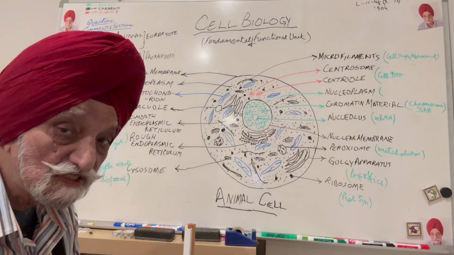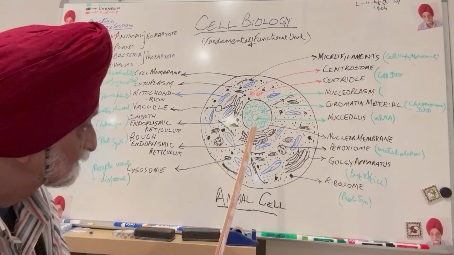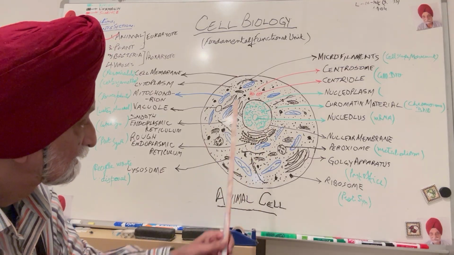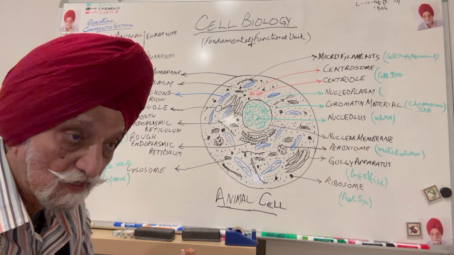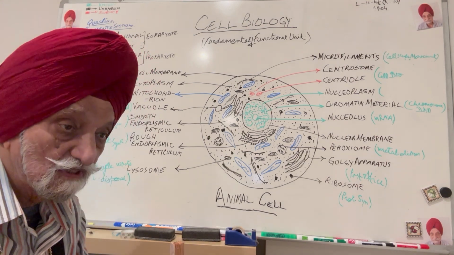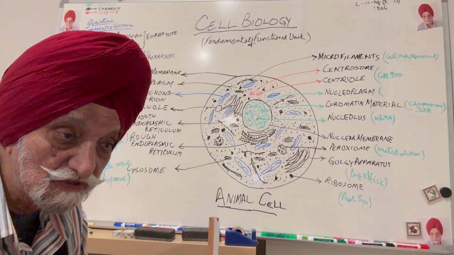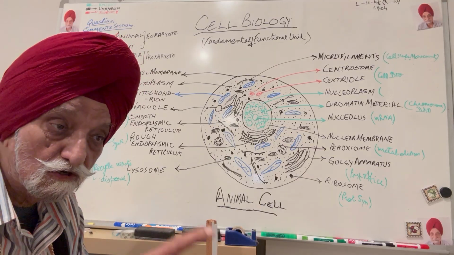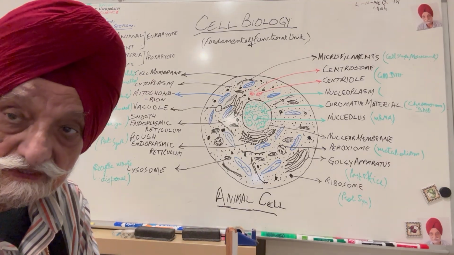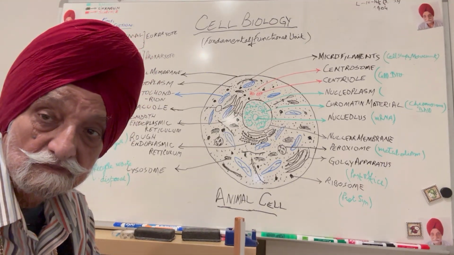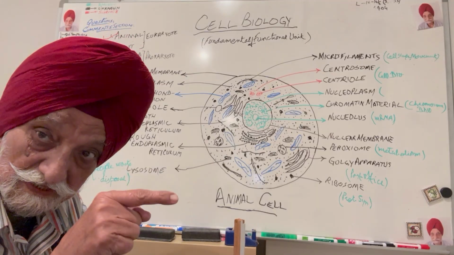Now, inside the cell, the space inside the cell is filled up with the fluid called cytoplasm. To begin with, the cell was called a cell, and the word cell means a space surrounded by walls all around. For instance, in the jail, there are rooms where prisoners are kept and the room is closed from all the sides, and that is called a cell.